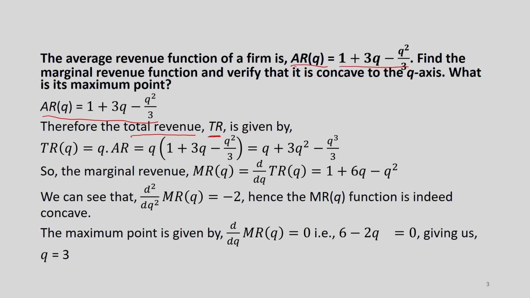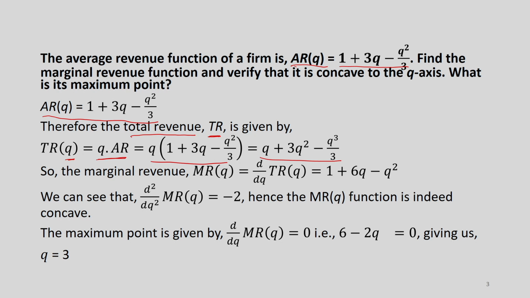Like average revenue, total revenue will also be a function of quantity Q, and that is found out by multiplying the average revenue with quantity Q, and it turns out to be Q plus 3q square minus Q cube divided by 3. So, this is the total revenue function, and it is a function of quantity.